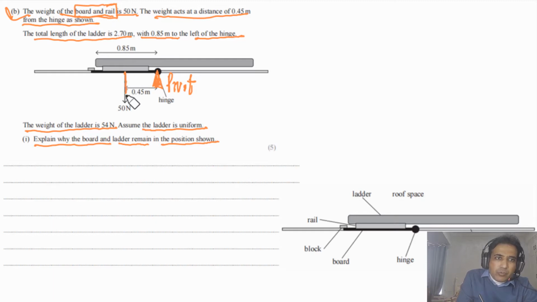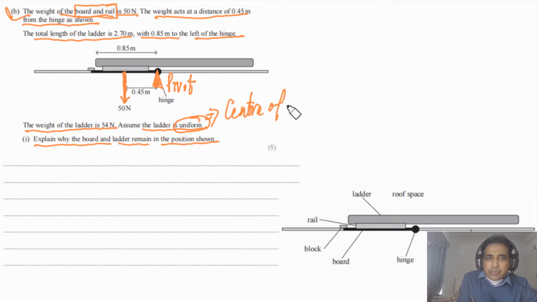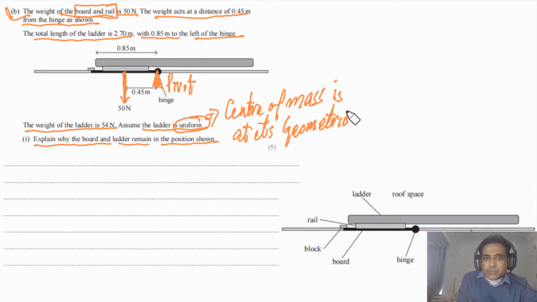So there is moment due to this force, and this ladder is uniform, means the center of gravity, so simply we can say the center of mass of the ladder is at its geometric midpoint. So this is the meaning of uniform. Geometric midpoint means at the midpoint, so midpoint will be somewhere here.